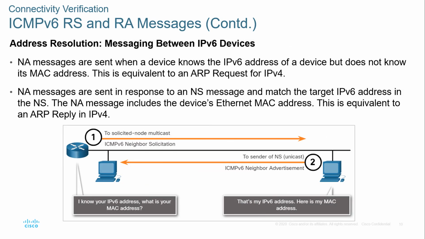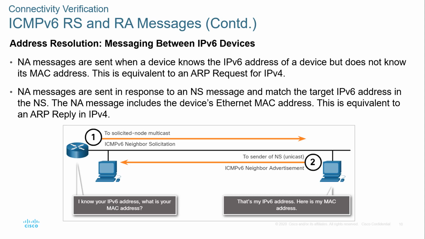So for address resolution between multiple devices, you will see the neighbor solicitation, and that's normally done in a multicast mode between devices. The recipient of a neighbor solicitation will send a neighbor advertisement, and that will be done via unicast.